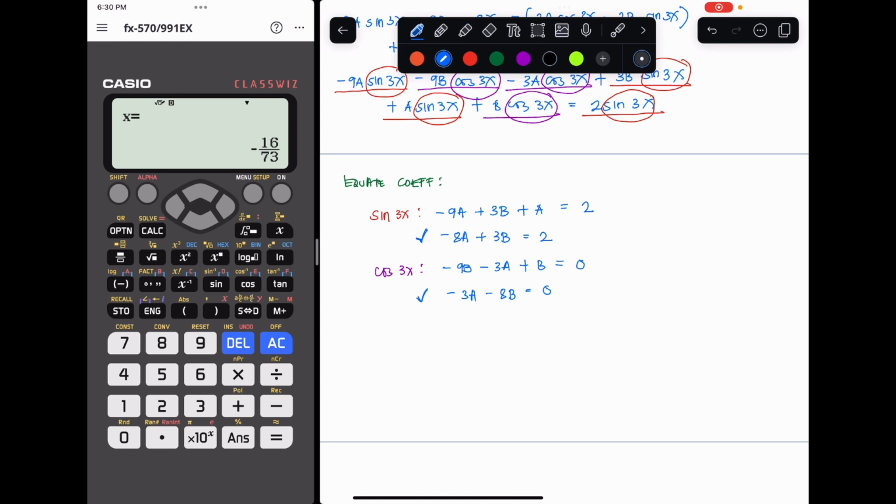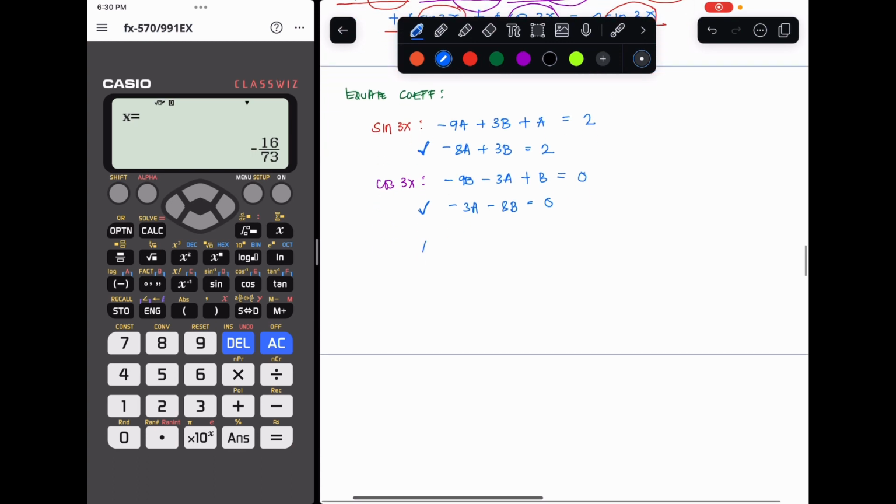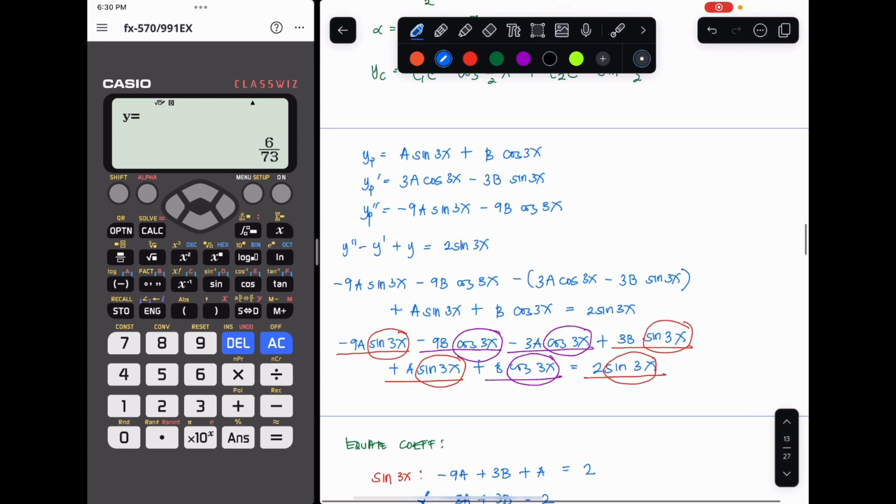So we can see here that our a is equal to negative 16 over 73, and our b is positive 6 all over 73. So now we can get our particular solution.